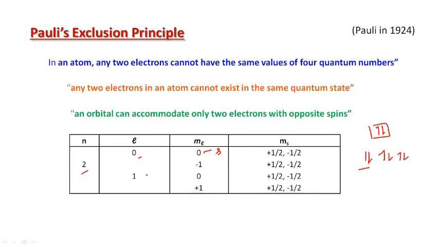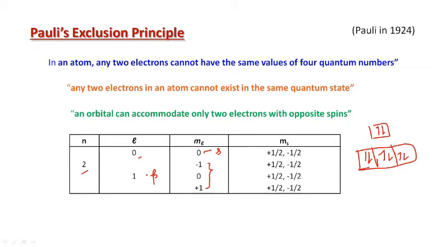However, l equal to 1 is represented by small p, and corresponding to this l value we have 3 different ml values, px, py and pz, that are arbitrarily assigned, and each orbital can accommodate a maximum of 2 electrons with opposite spin.